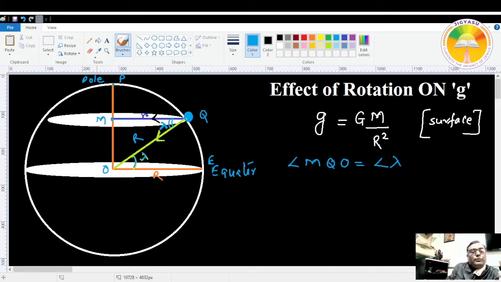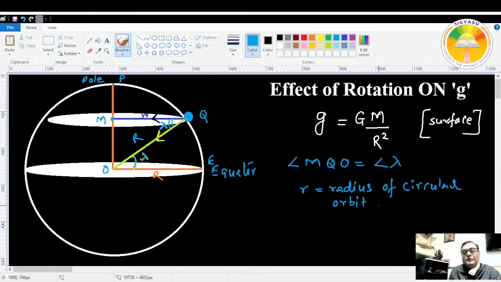Now the prerequisite which is required here is that component of r, because small r is the radius of the circular orbit in which this unit mass at Q is rotating, is revolving.